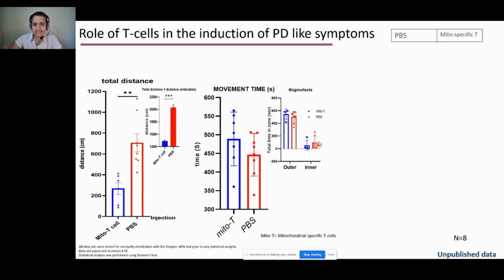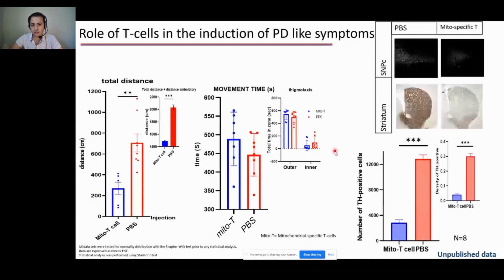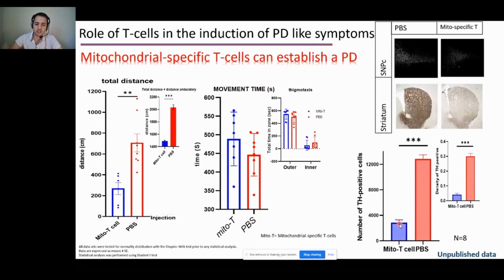So we went on to validate dopaminergic neuron degeneration in brain sections, and we find that these mitochondrial-specific T cell injected mice have a significantly lower number of TH positive cells and density of this staining as well, which indicates that mitochondrial-specific T cells can establish Parkinsonism.